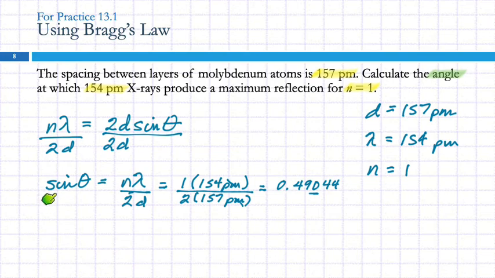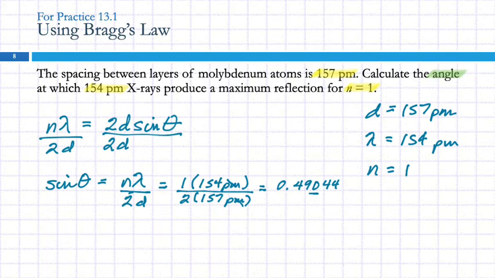So we haven't used sine in chemistry before. Do you remember learning about that in math class? Sine, cosine, tangent. Anyway, so sine is a function like a logarithm is a function. And so to undo the sine, we have to do what's called the inverse sine.